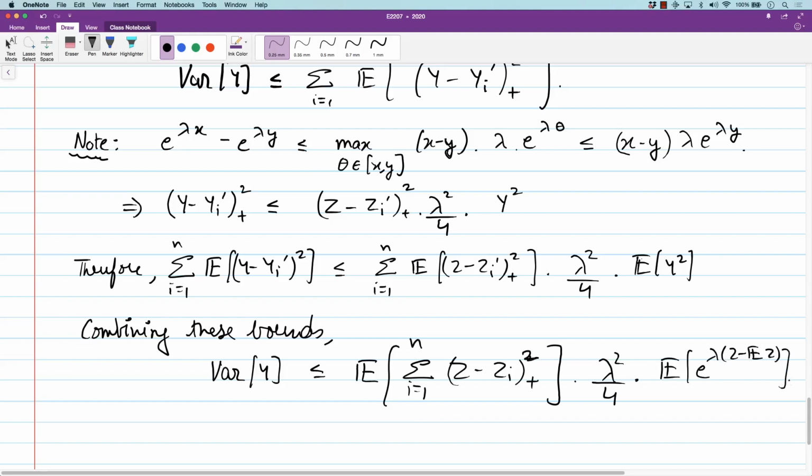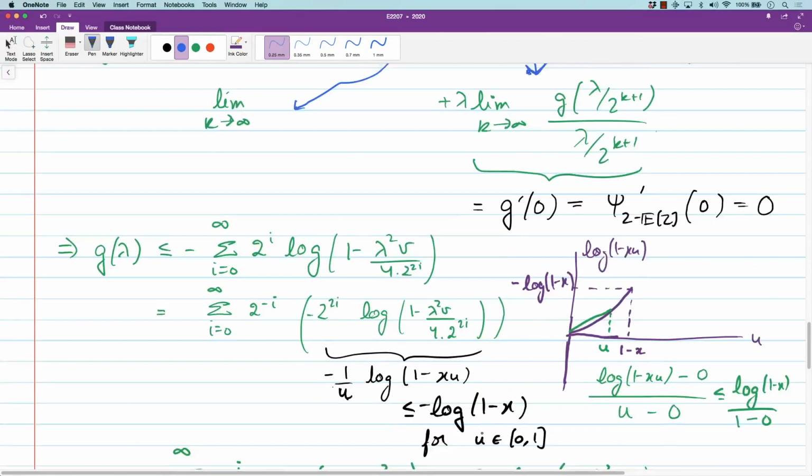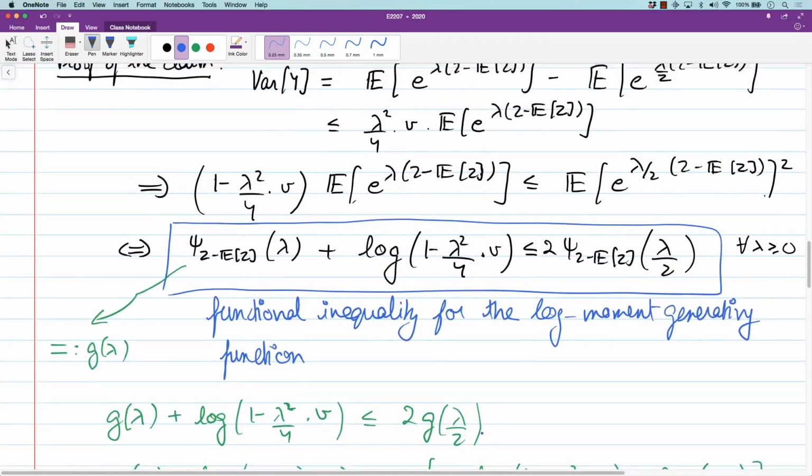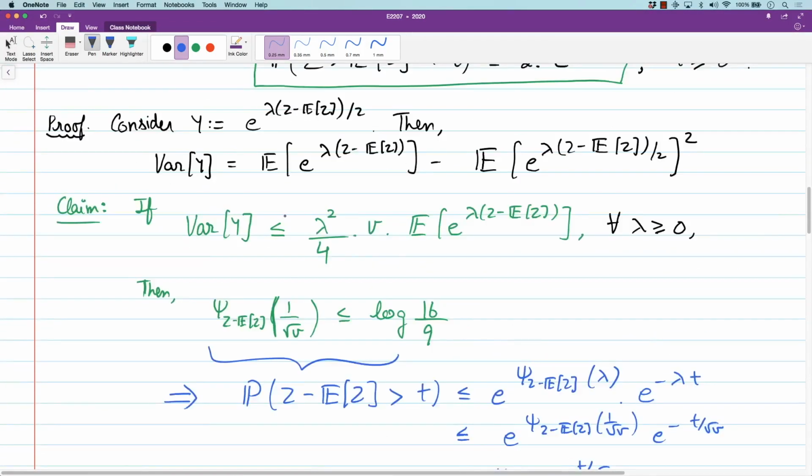And by our assumption this guy here is less than or equal to v, the variance factor. Therefore, what we have established here is the claim that variance of y is less than lambda square by 4 v times this function.